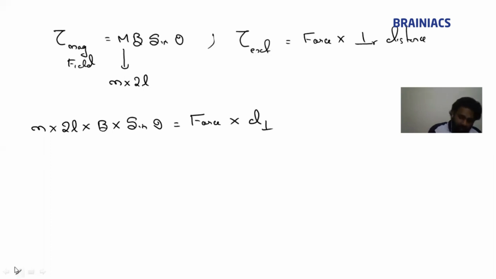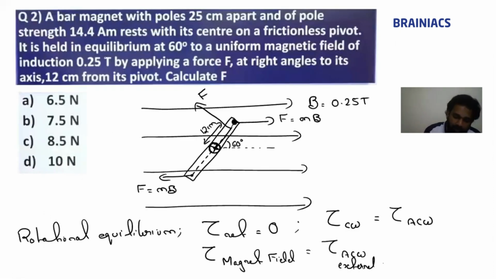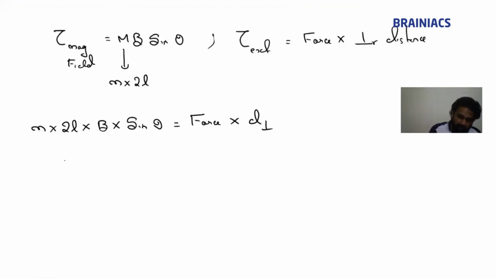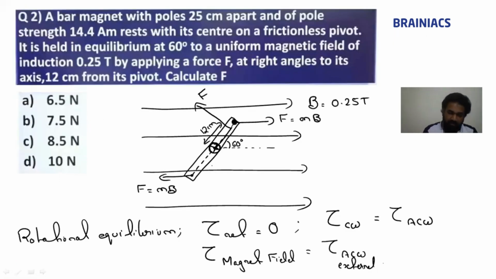Now here the pole strength is given as 14.4. 14.4 into what is the length of the magnet? It is given as 25 centimeter. The poles are 25 centimeter apart.